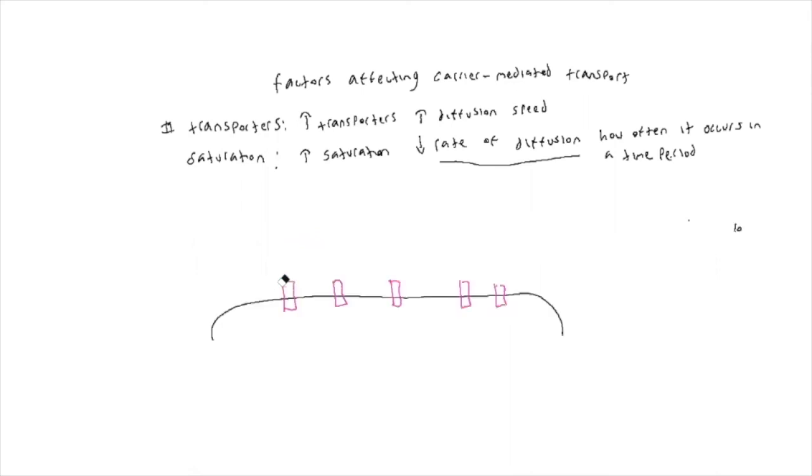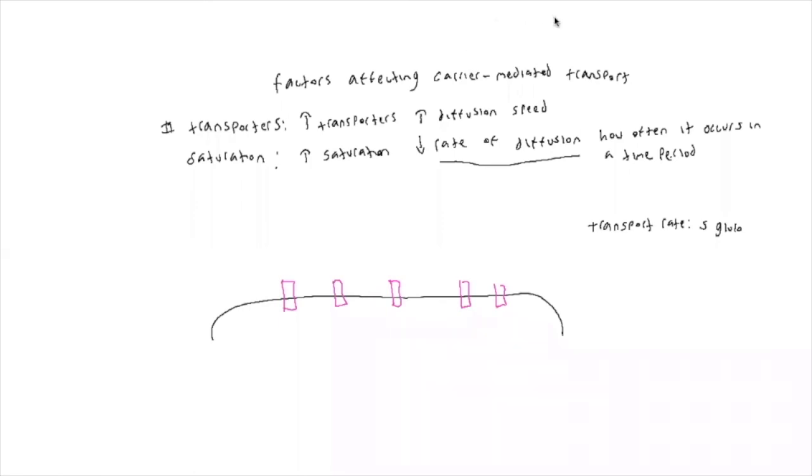So let me go ahead and do that because I don't feel like I just did the greatest job talking about this. All right, so what I'm going to do here is I'm going to draw 5 glucose transporters, and I'm going to add in zero glucose so far. And I'm going to draw an enzyme saturation curve here.